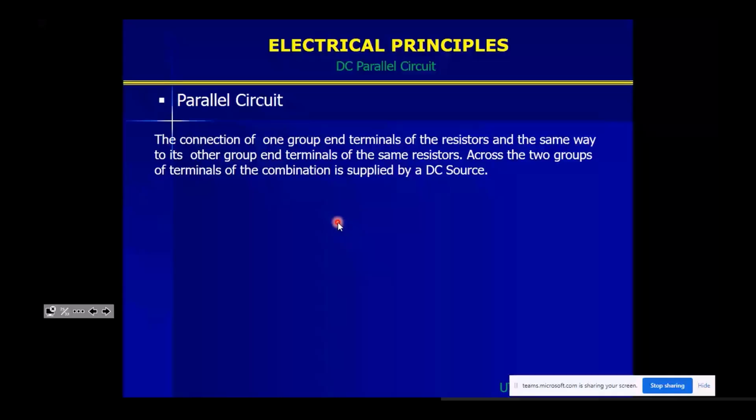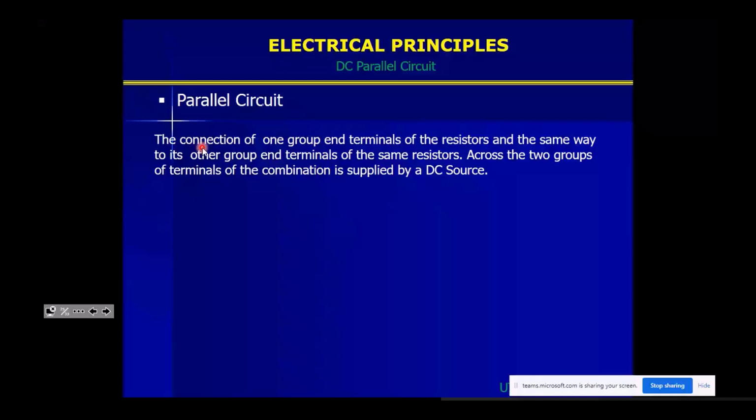When we say parallel, I'm not talking about the electrical aspect. When we say parallel, these are things in equal orientation. If you are standing opposite each other, that is parallel. We call that one. In electrical application, it is also a connection, but what? One group of N terminals of the resistors is connected together, and the other ends in the same way to the other group of N terminals of the same resistors.